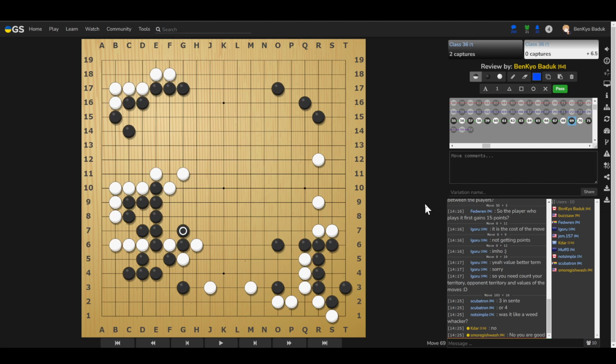So how big was black's move in Gote? Another good way of doing this is rating moves out of 5 or something, 5 stars. You can do that if that helps you better.